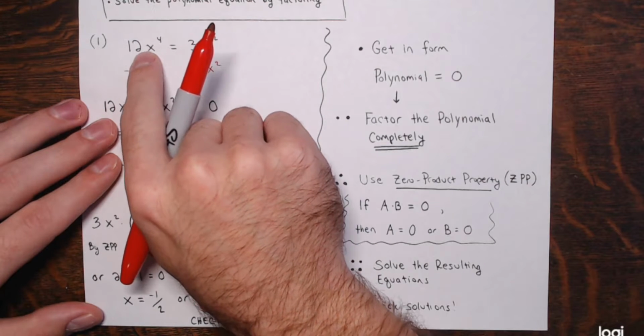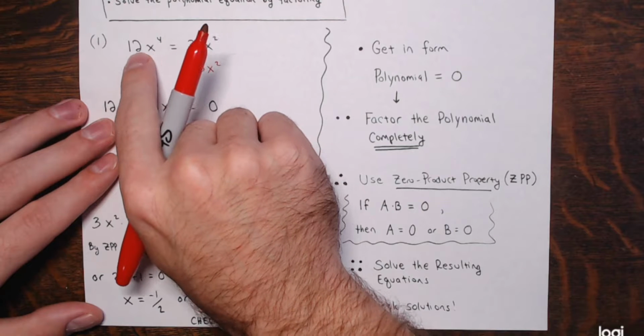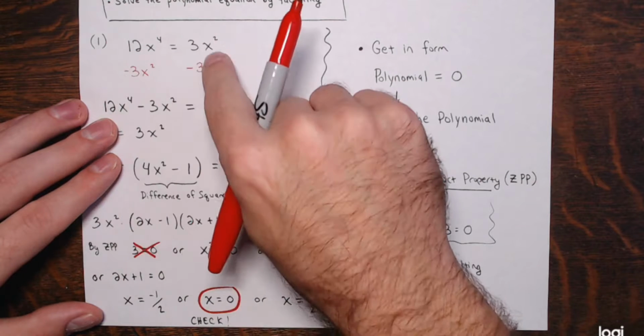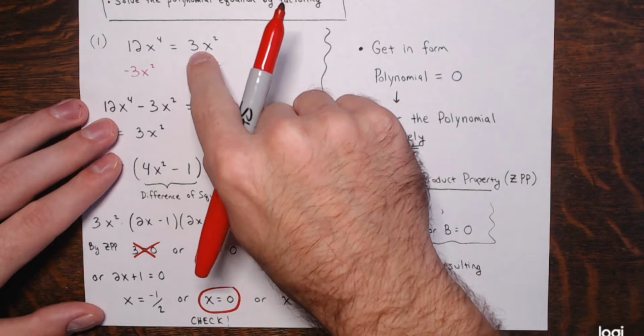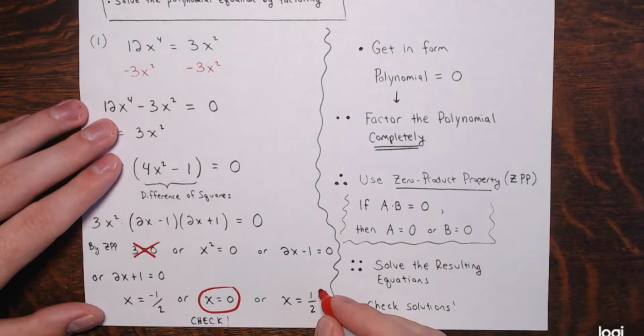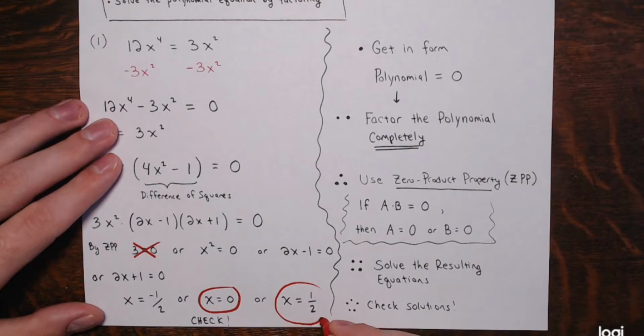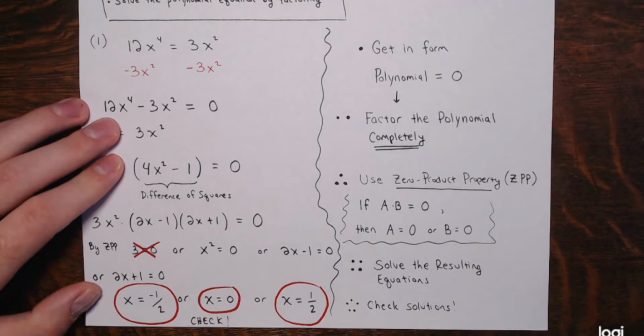So we have 12/16, which is 3/4 on the left. And a half squared is 1/4, so you have 3/4 on the right. 3/4 equals 3/4. So 1/2 works, and the same thing would go for negative 1/2. You can check it on your own if you wish, but if I plug in negative 1/2, I'll also get 3/4 equals 3/4.